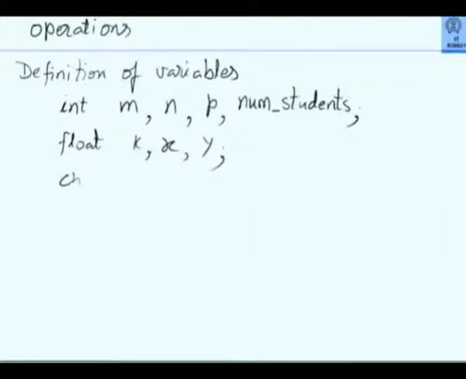So I can say char a, b, whatever. Int and float variables are given 4 bytes each. Char variable is given 1 byte each. Fine. The operations on these variables are typically of the type of arithmetic operations. So first we consider expression.